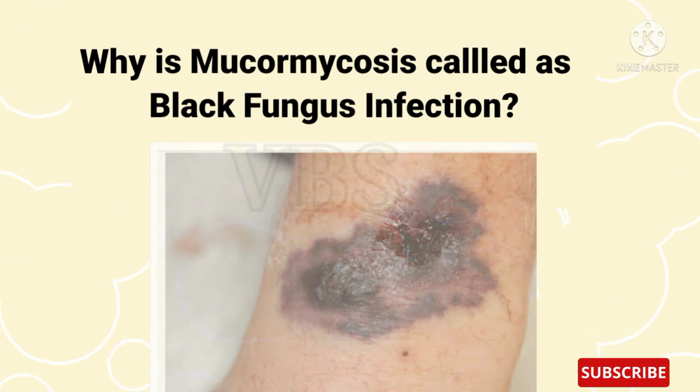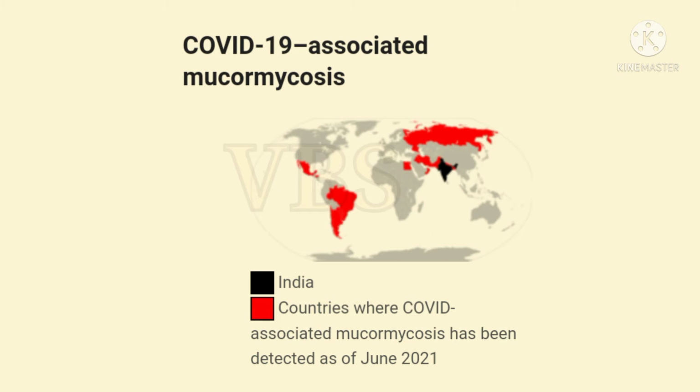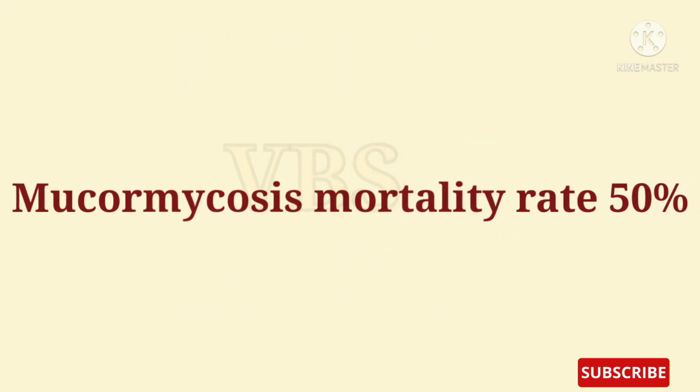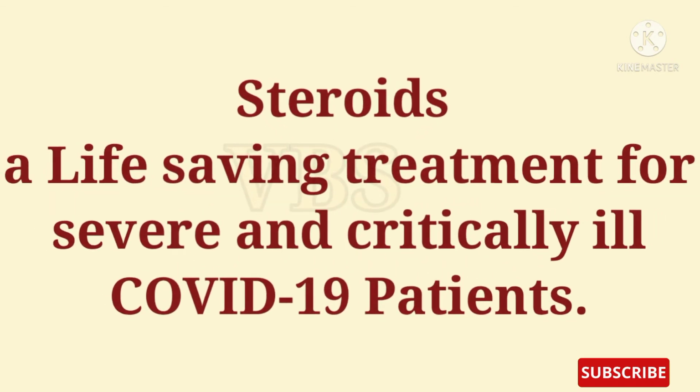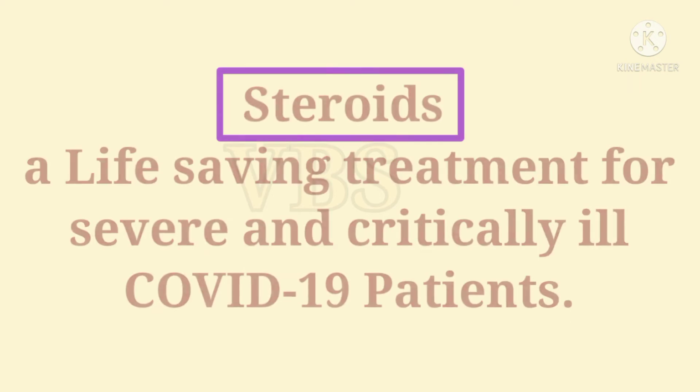Next, we are going to see why black fungus is infecting COVID-19 patients. We know that black fungal infections after COVID have been widely reported from multiple countries. Mucormycosis has an overall mortality rate of 50%. Severe cases of COVID are treated with high doses of steroids, a life-saving treatment.